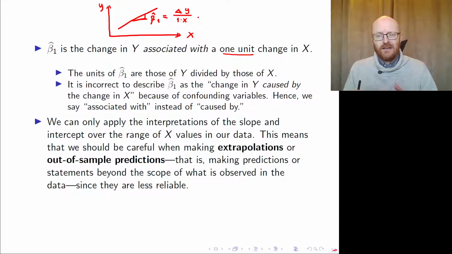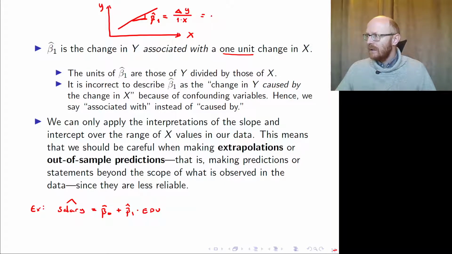For example, if you look at the problem of estimating the salary, then you would have the expected salary equals an intercept plus the slope times the education. Oh yeah, it's correct.